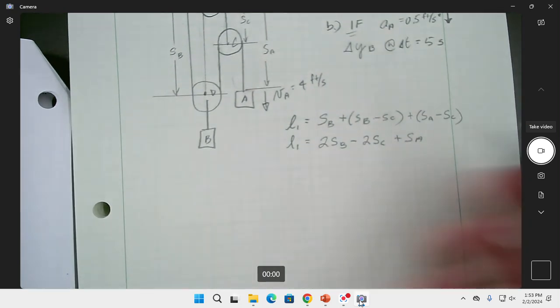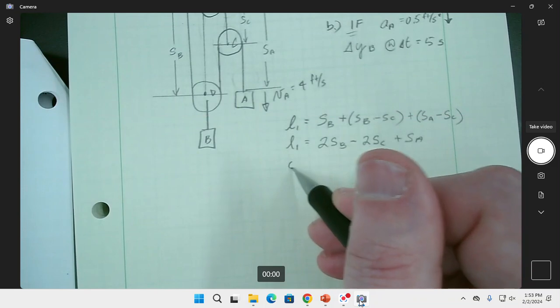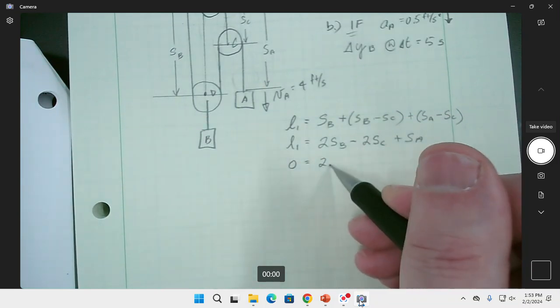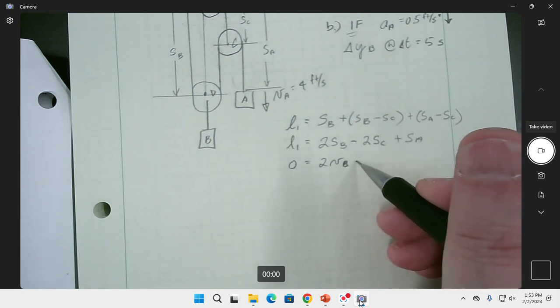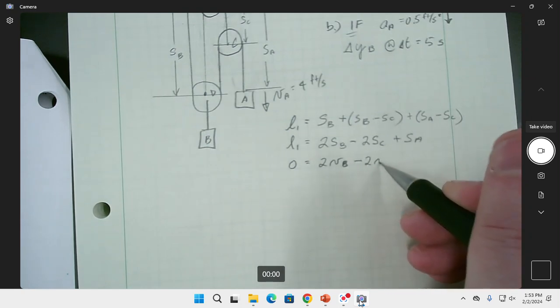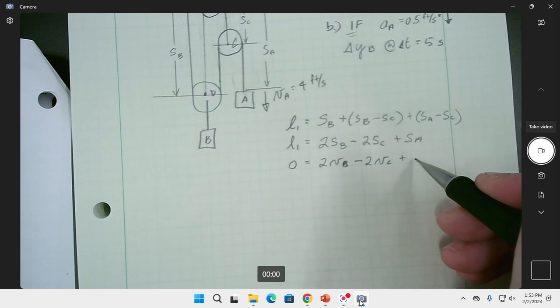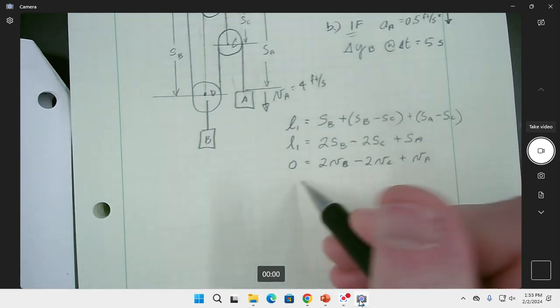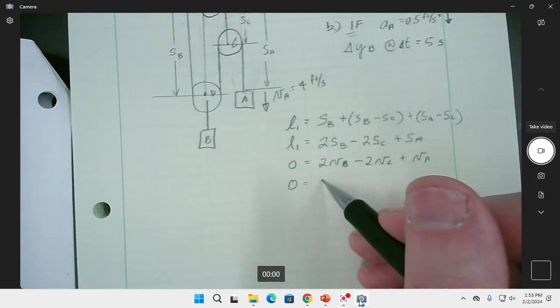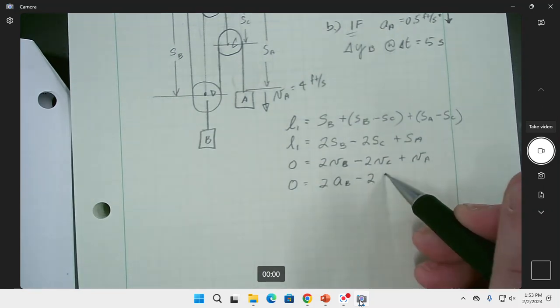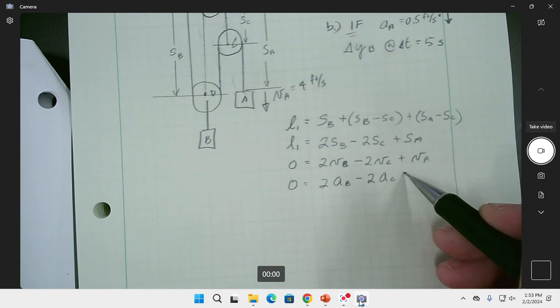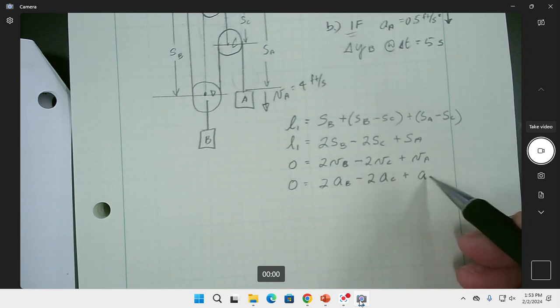We could wait to take the derivative of them, or we could just write the thing out. Equals 2VB, just looking right at it, 2VC plus VA. And write his buddy too, the acceleration of the thing. As long as you write it correctly, staring right at it, write something different.